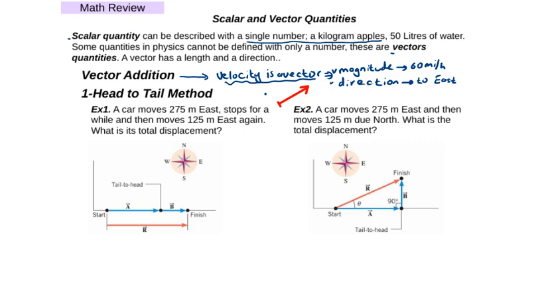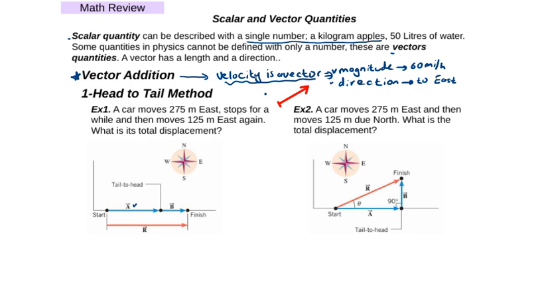So that's how we will symbolize vectors, and we already touched base on that as we talked about motion diagrams, showing distances or displacements, which are also vectors. And how do we deal with them? First, we need to learn vector addition, and there are different methods for that. One is the head to tail method.